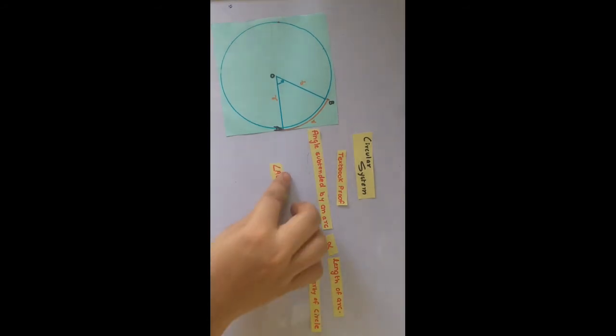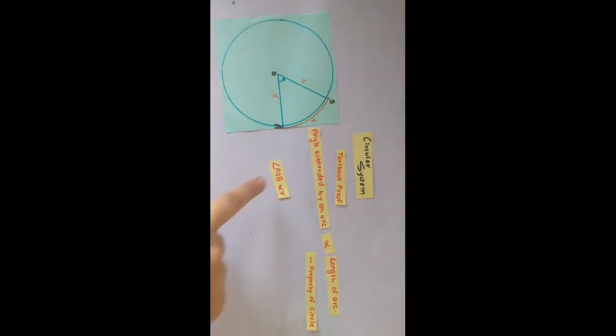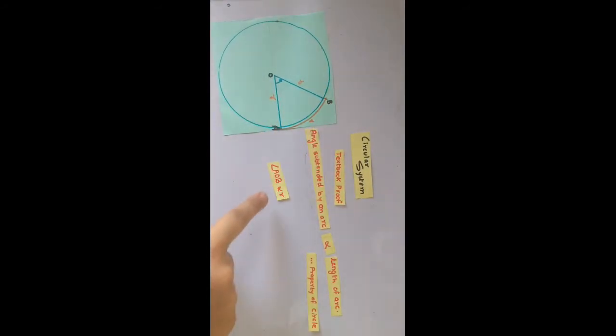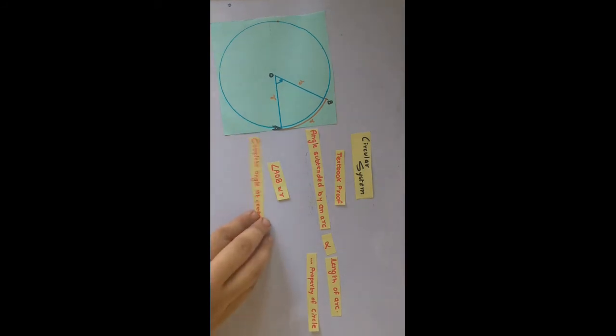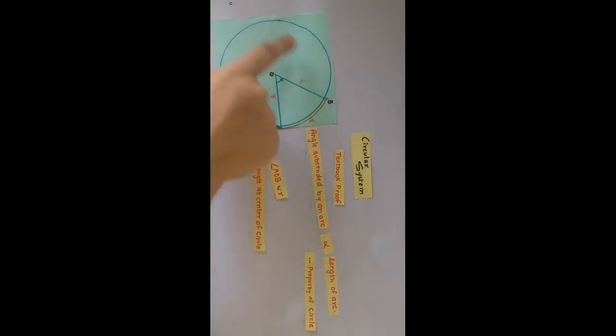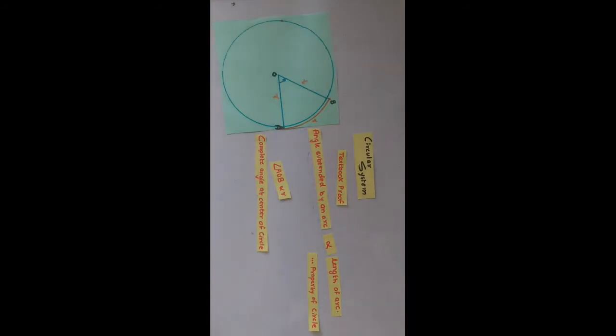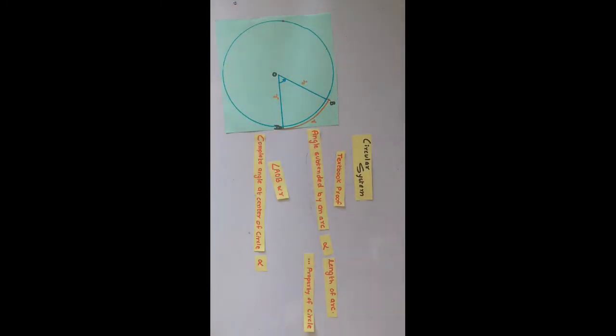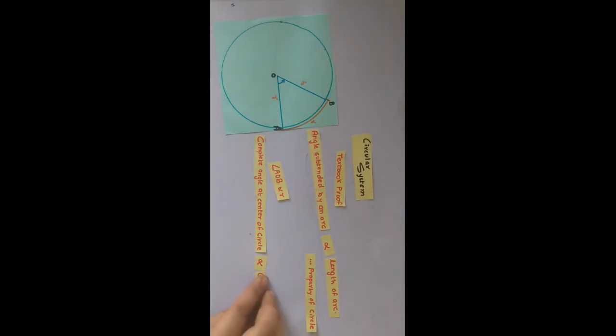So we can say that angle AOB is directly proportional to r. Also, the complete angle at the center of the circle will be directly proportional to the circumference.